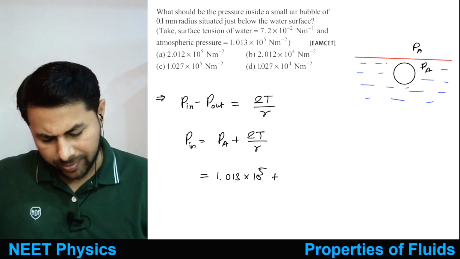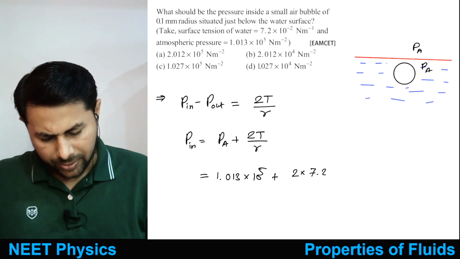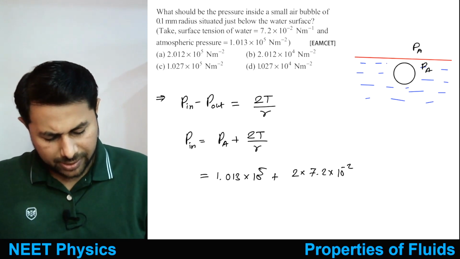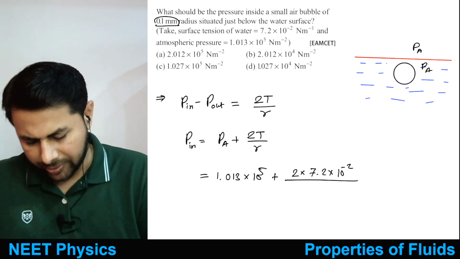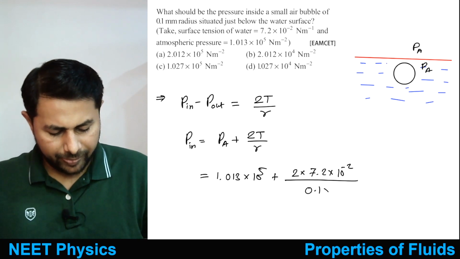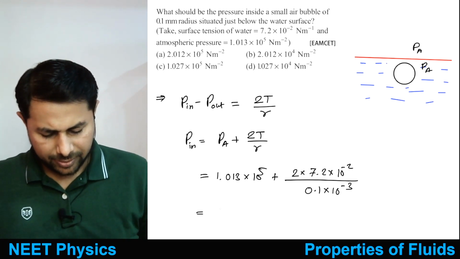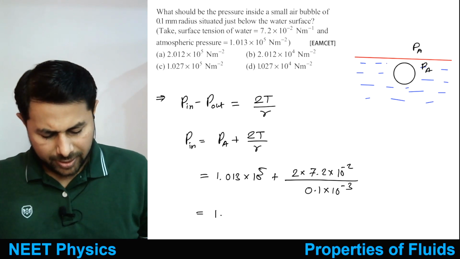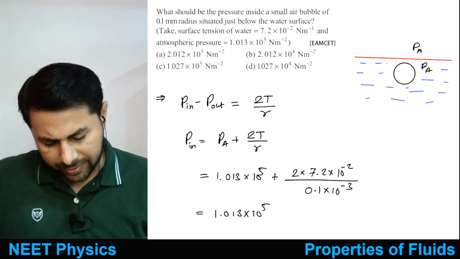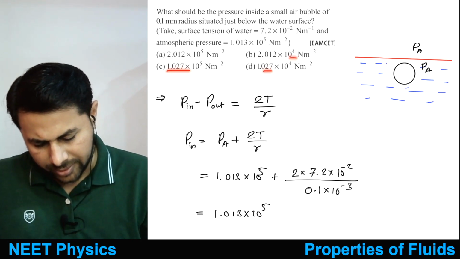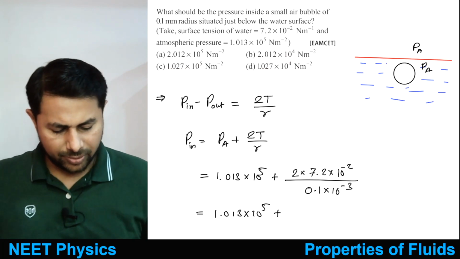Then you have 2T by R, so it is 2 times T. T is 7.2 multiplied by 10 raised to minus 2, and R is 0.1 mm, which is 0.1 multiplied by 10 raised to minus 3. So let's make this 1.013 into 10 raised to 5. Let's keep it like that. Actually the options are not close, so we can approximate it to 1 also, no problem.